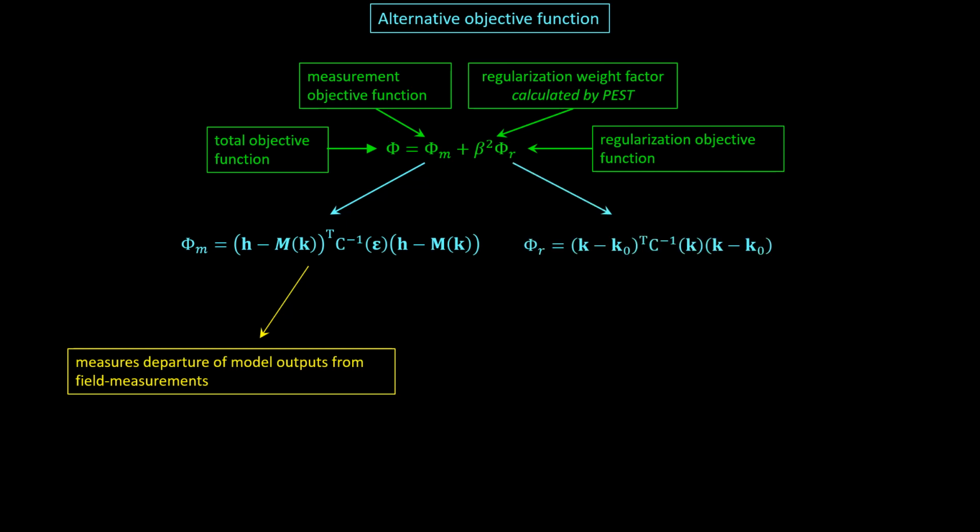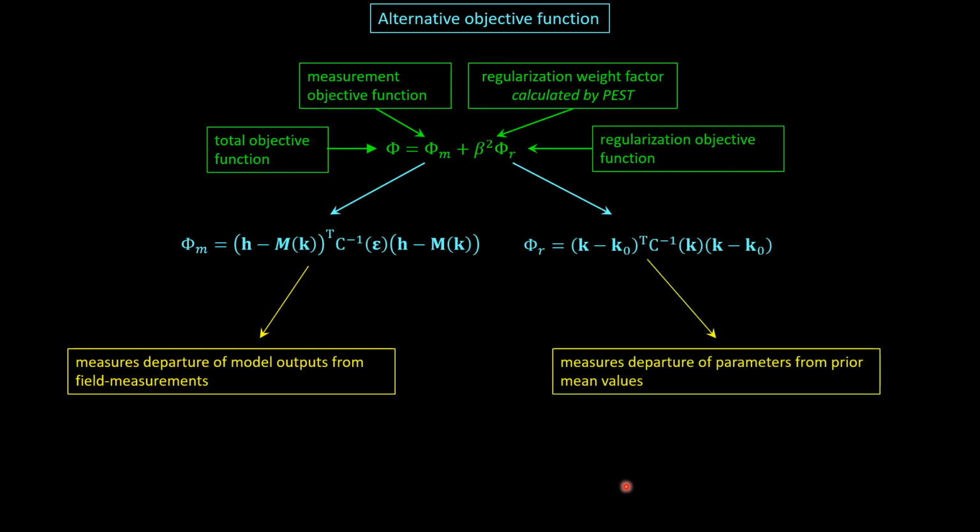The regularization objective function measures the departure of parameters from their prior mean values. Well, actually their initial values that are used in the iterative inversion process, which should ideally be their prior mean values.